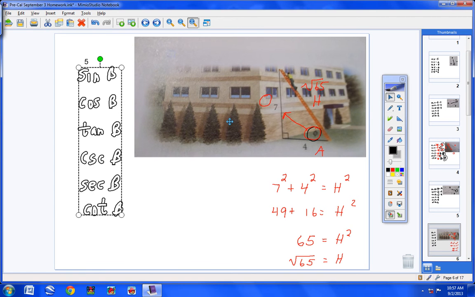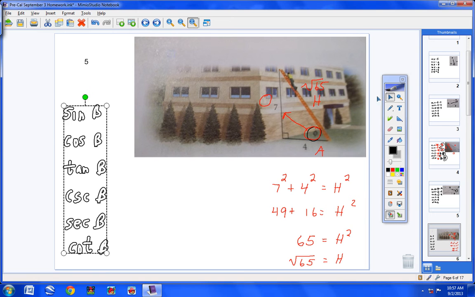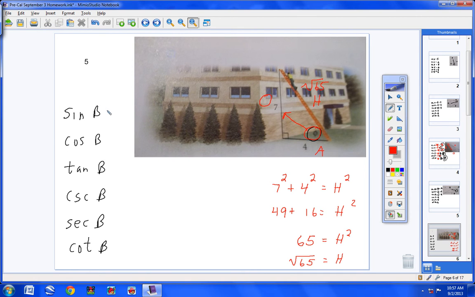Now, here's again my functions I'm going to use. Let's see how we do. All right. Sine is opposite over hypotenuse. So I would have 7 over square root of 65. I know that's not acceptable. We'll worry about that later. Cosine is adjacent over hypotenuse.